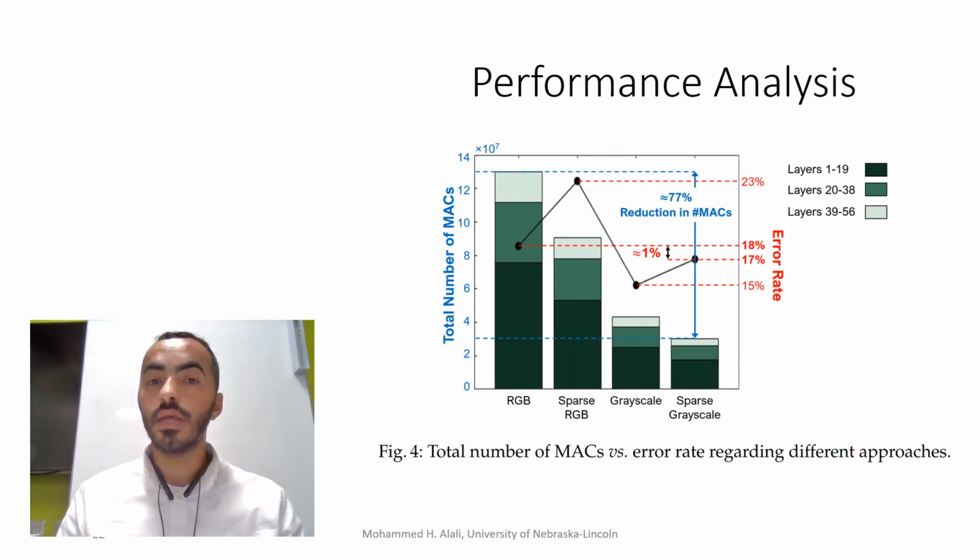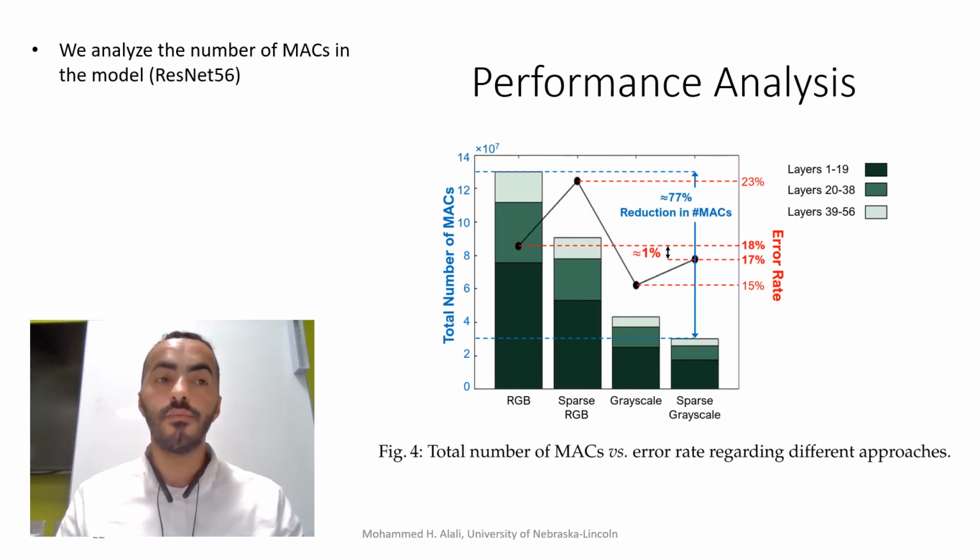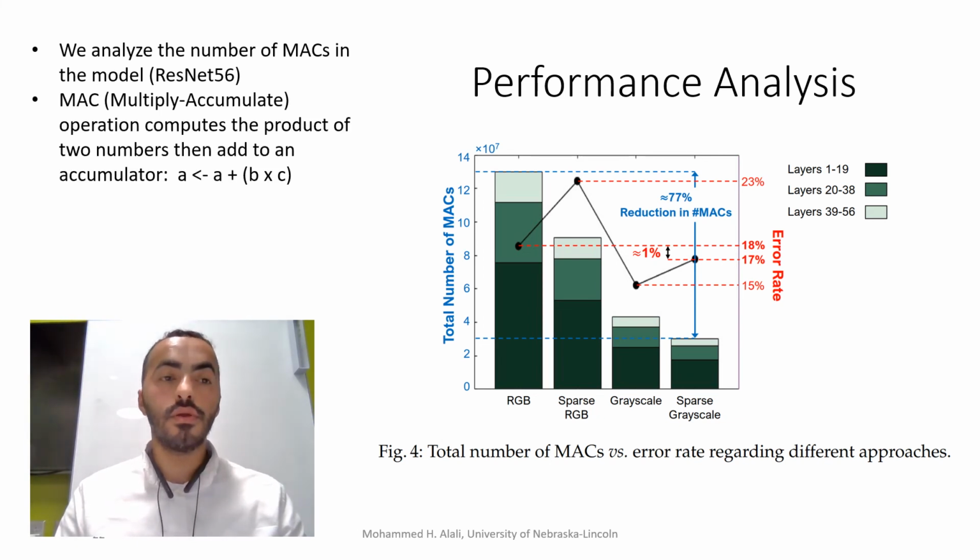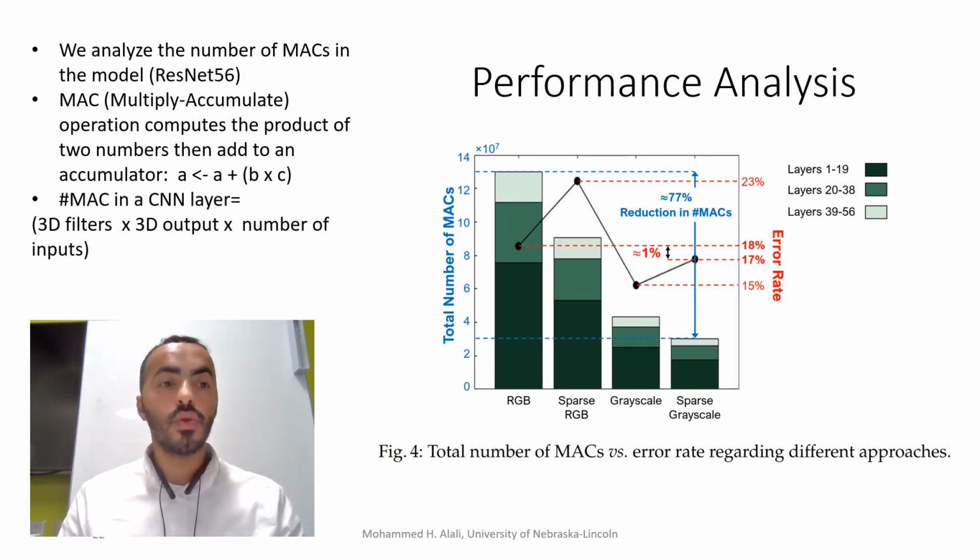For performance analysis, we analyze the number of MACs in the model. A MAC is a multiply and accumulate operation, which computes the product of two numbers and then adds it to an accumulator. We use this formula to find the number of MACs for every CNN layer.